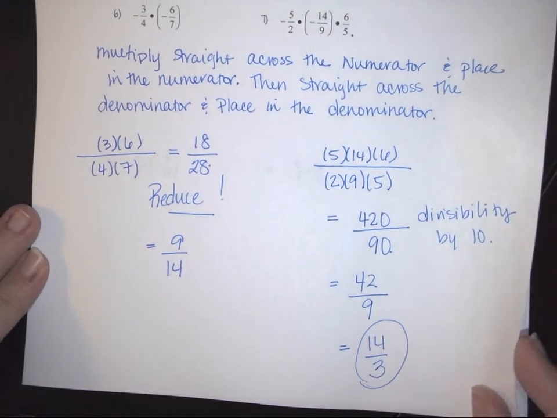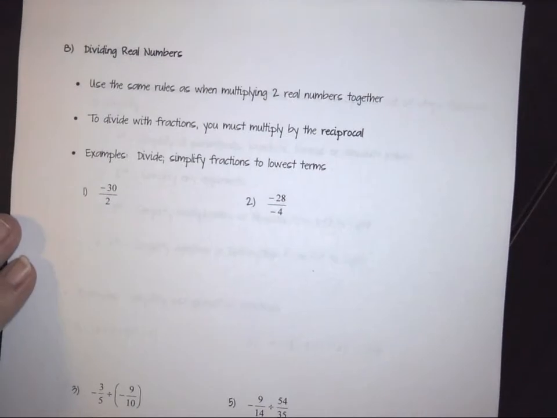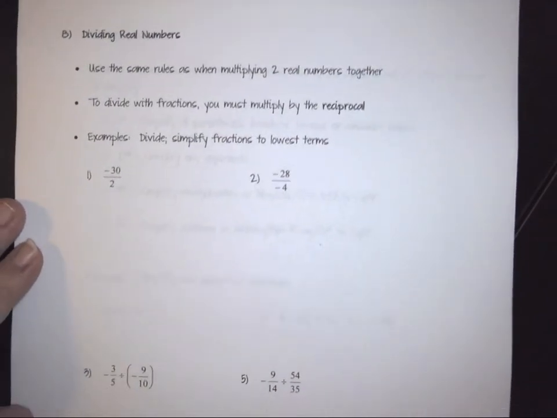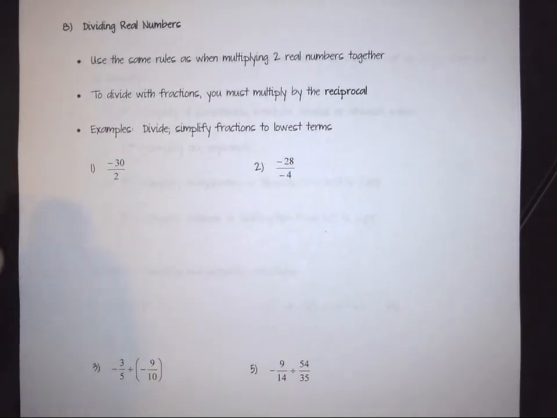Now all of those are examples of multiplying. Now let's look at dividing. Dividing is going to use the same generic rules as multiplying with two numbers.